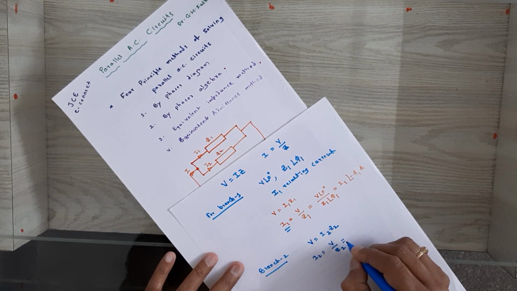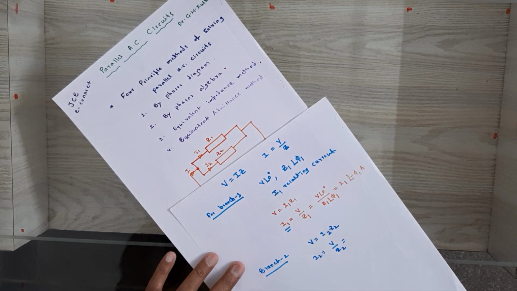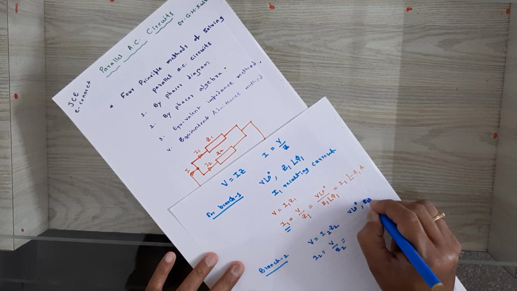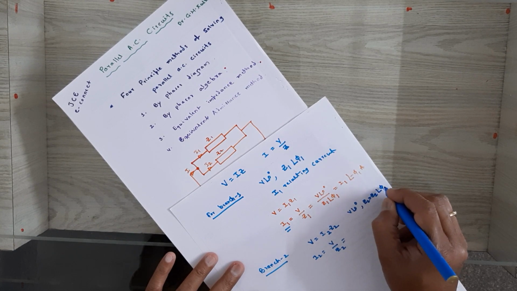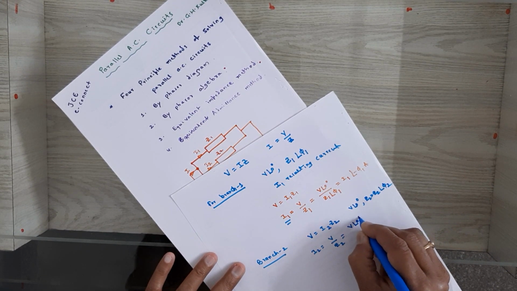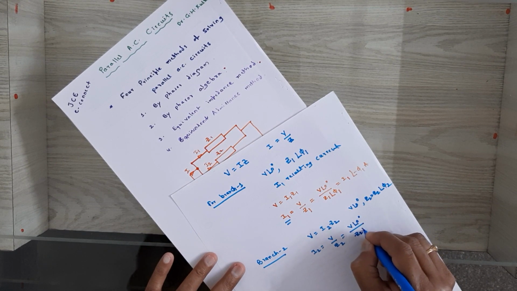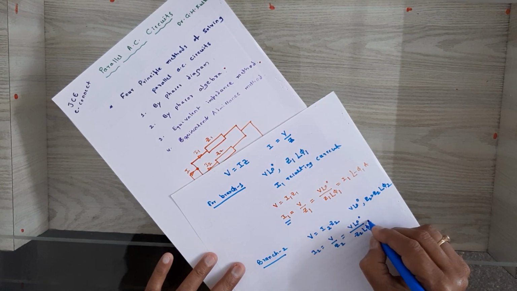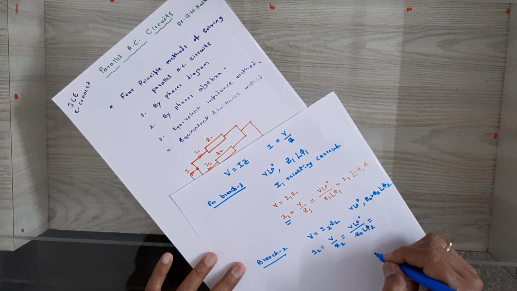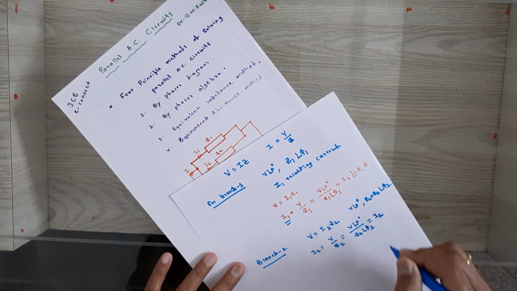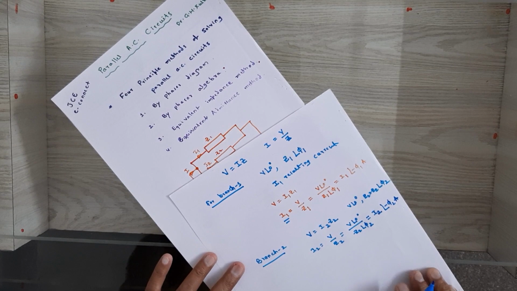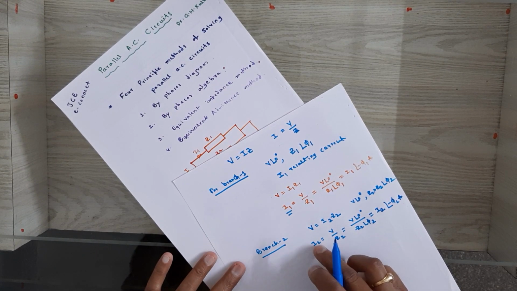Substituting V at an angle of 0 degrees and Z2 at an angle of phi 2, using the calculator I get the current in branch 2 as I2 at an angle of minus phi 2 amperes. Now we have the values of I2 and I1.